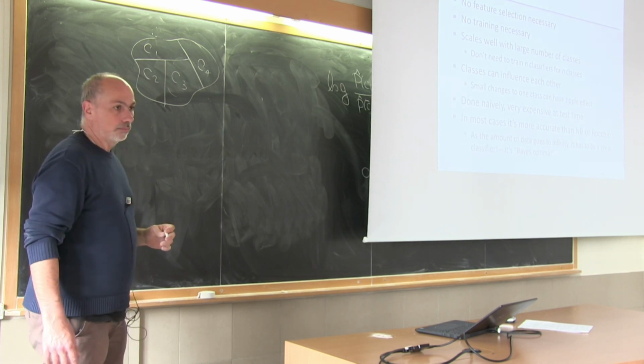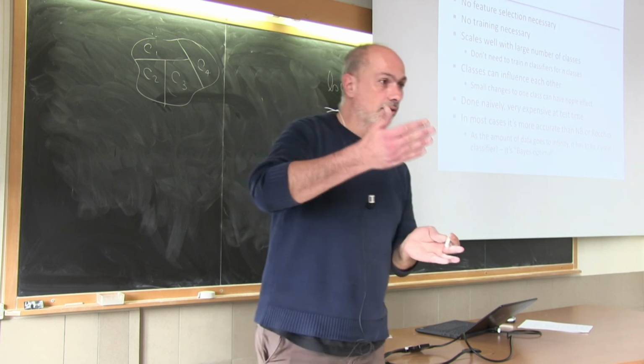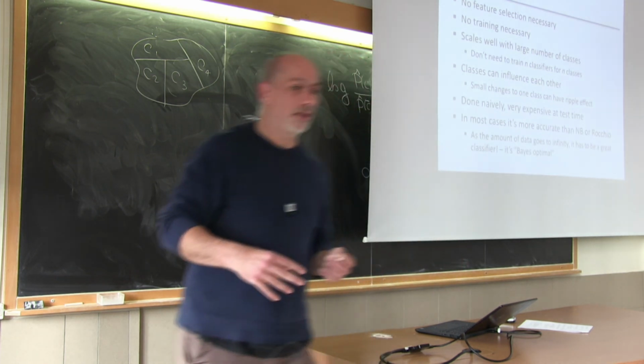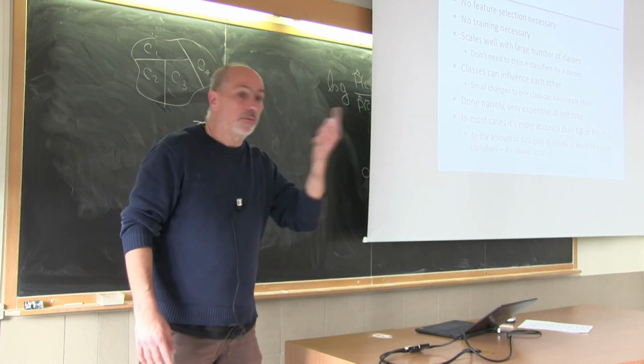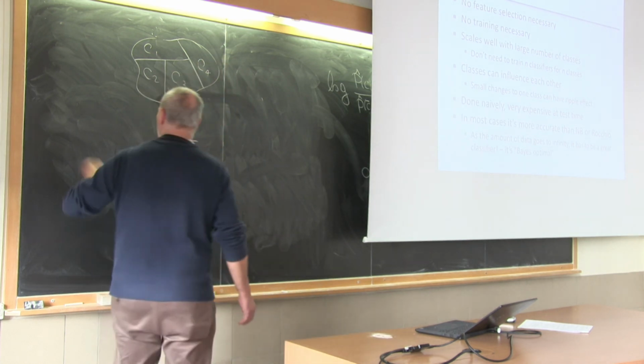What you will do, if you want a classifier for 4 classes, is use just a binary classifier, a linear classifier, for example, or a nonlinear classifier for 2 classes in the following way.